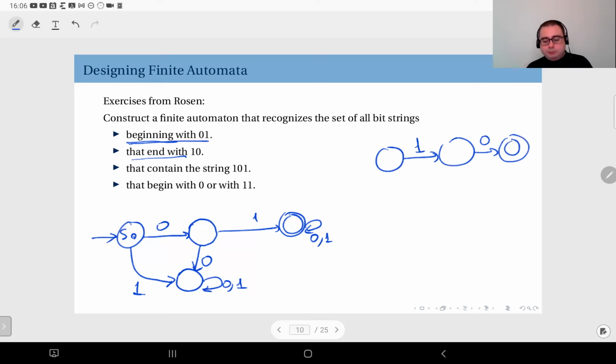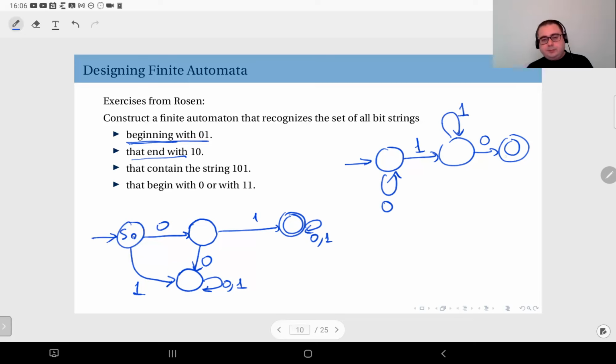But before the final 1 and 0, I can have any input as I can. So let's say this is the initial state, and any input of 0 is going to keep me here, and any input of 1 in this state is going to keep me here.